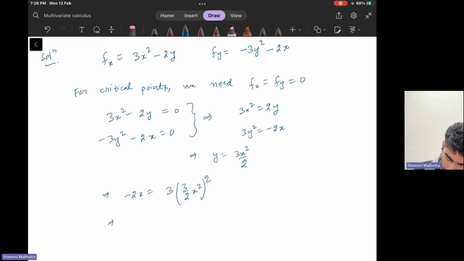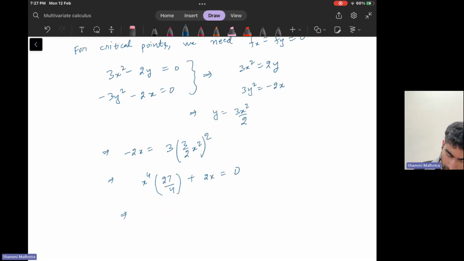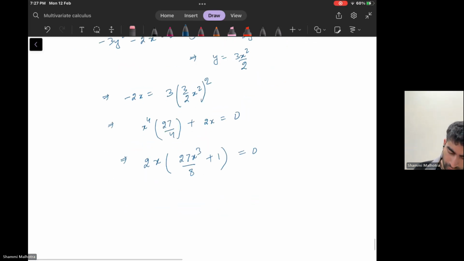So what this gives? This gives x raised to the power of 4 times 27 by 4, plus 2x equal to 0. And when I compute again, let us take 2x outside, which gives 27x cube by 8 plus 1.